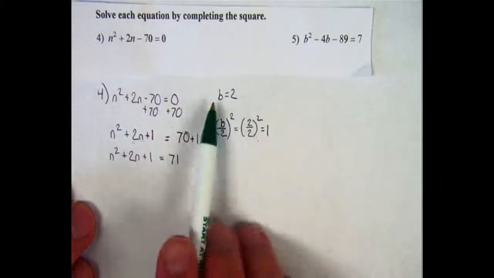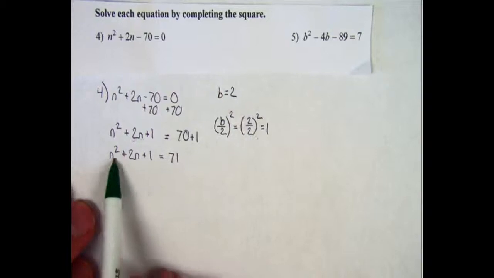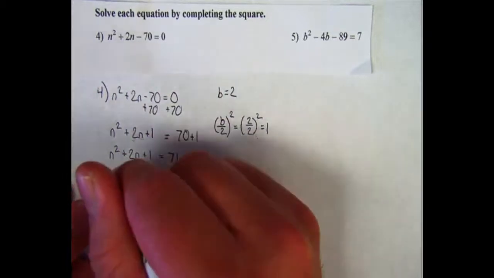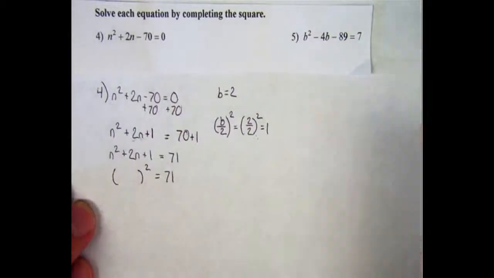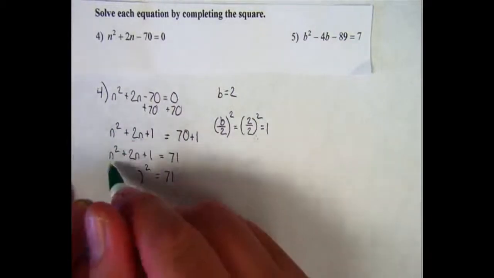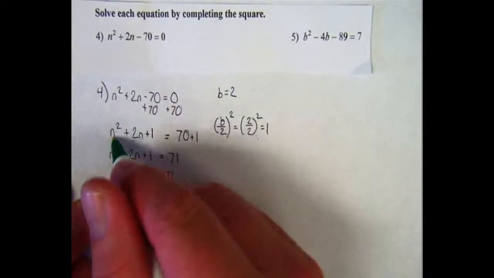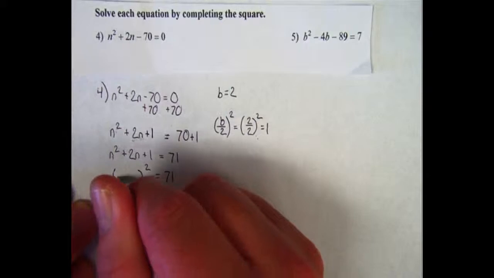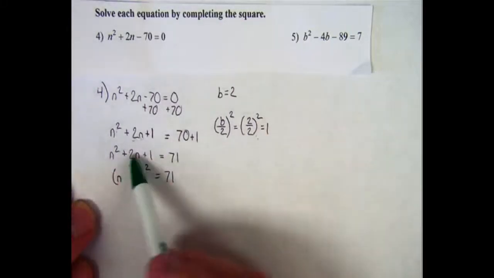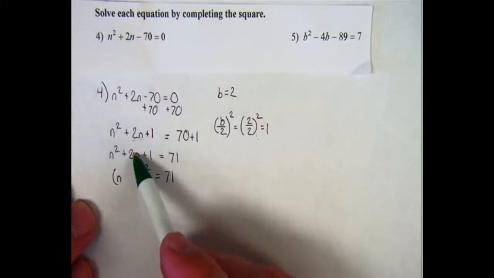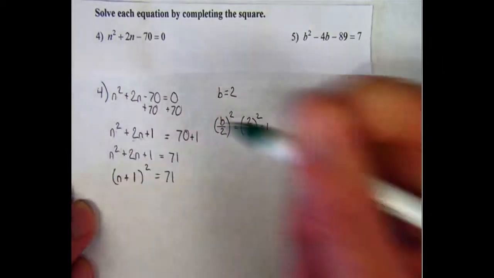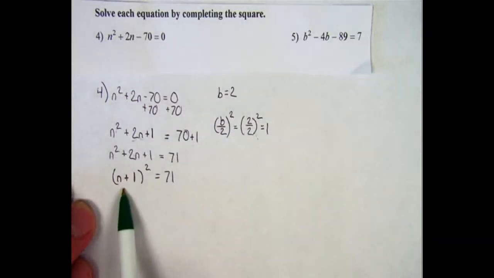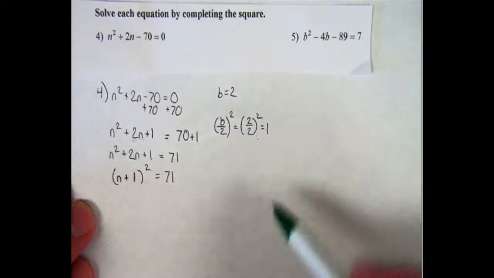And the cool thing about this is now that I've done this, I can rewrite this as some quantity squared. And that something is this. I take the square root of the first term, so the square root of n squared is just n, and then I take half of b. So half of b would be positive 1, and so this thing right here is equal to n plus 1 squared.